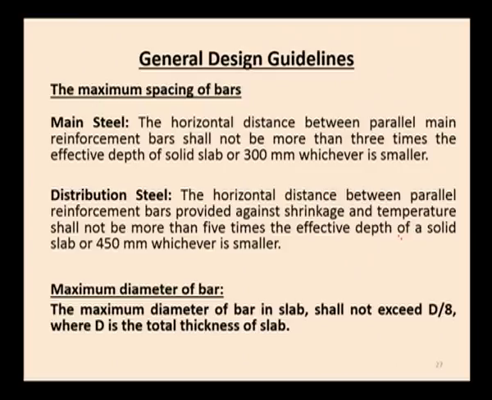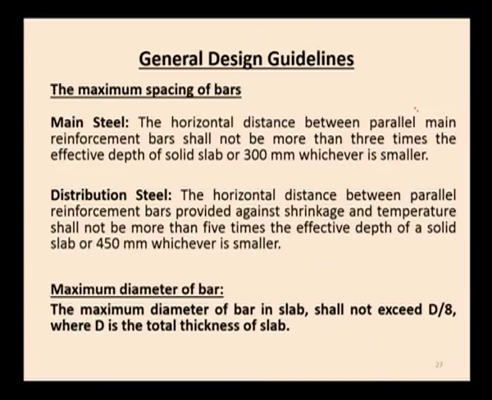In the case of main steel, the horizontal distance between the parallel main reinforcement bars shall not be more than 3 times the effective depth of the solid slab or 300 mm, whichever is smaller. The lesser value has to be adopted as the maximum spacing. This is in the case of parallel main reinforcement.